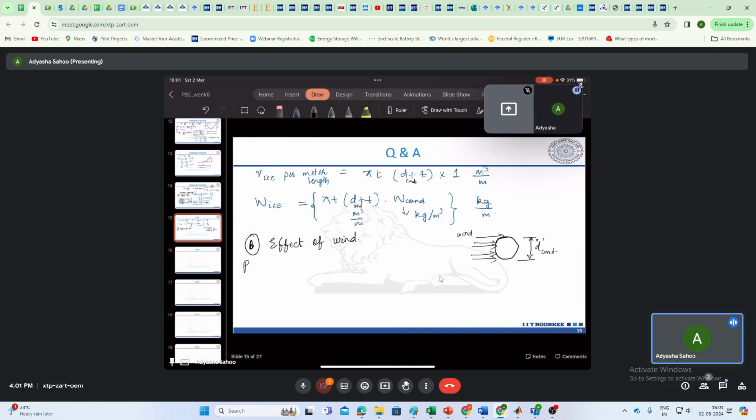So now the projected area to the wind, basically, will be projected area A times length, this is per meter length. And what is the projected width? This is D conductor into length, let's say per 1 meter, where this is in meter.